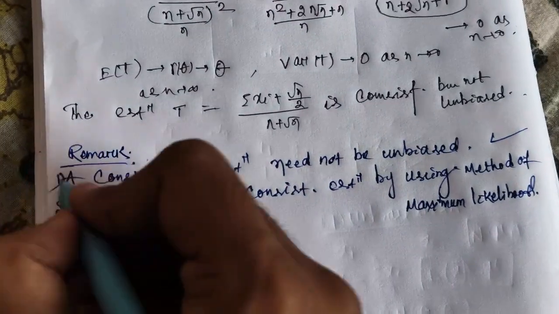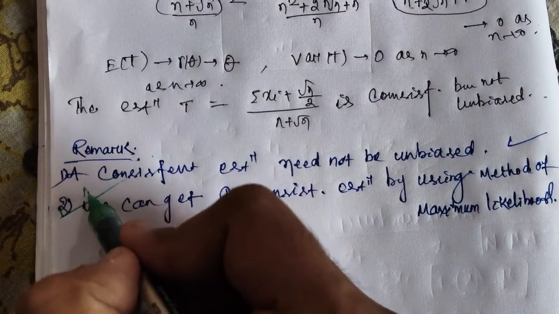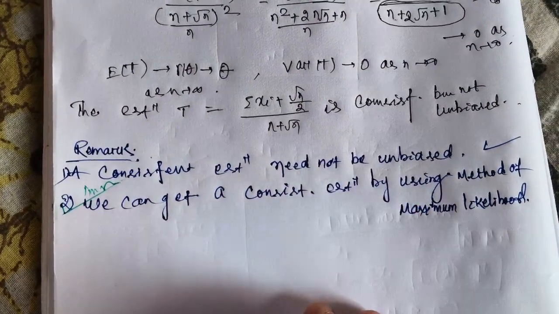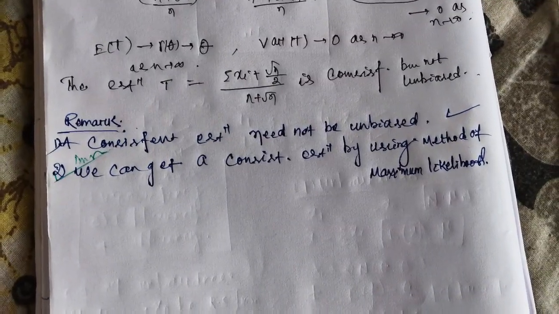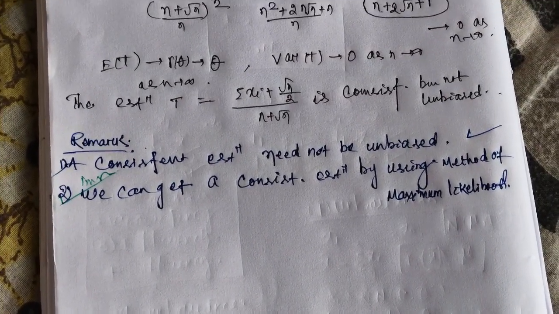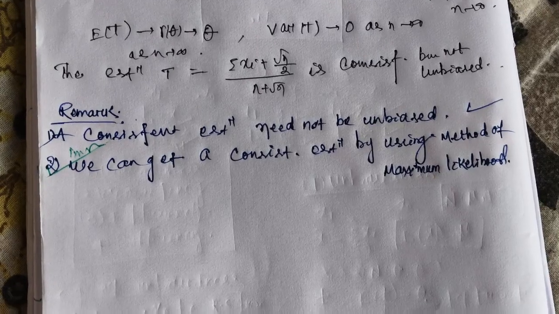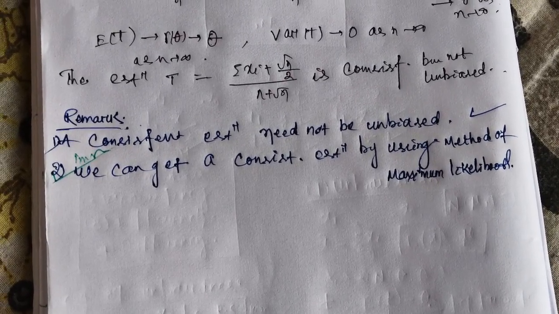This is the most important concept of consistency. Suppose a probability distribution is given to us, say xi follows a normal distribution, and you are asked to calculate its consistent estimator.